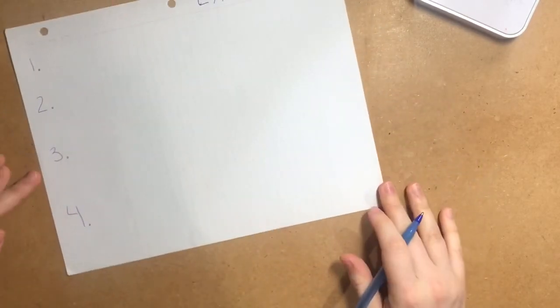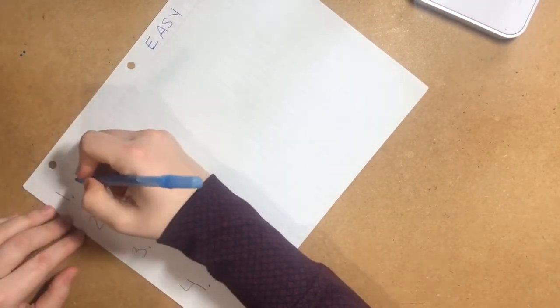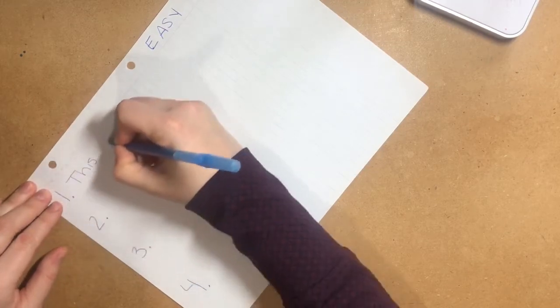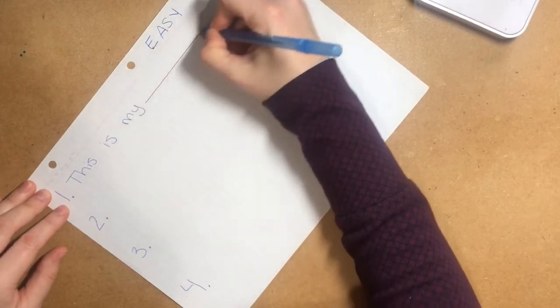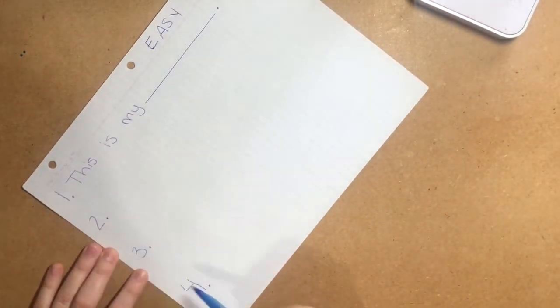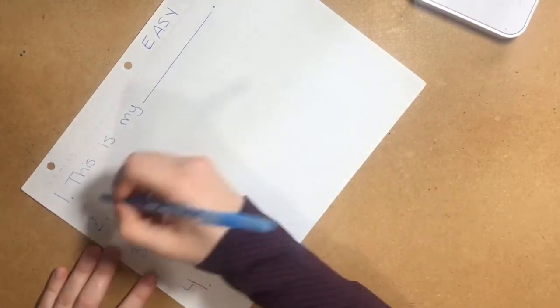All right, like that. Now for each of the lines, we're going to write the same exact thing. So we're going to write, this is my, and then blank. So write the same thing for the 2, 3, and 4. It's all going to be the same thing. This is my blank.